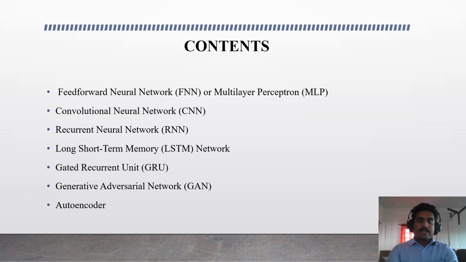The other one is the convolutional neural network, which is familiar for us. And RNN, recurrent neural networks, and long short-term memory network, LSTM, gated recurrent unit, GRU, and GAN, generative adversarial network. And the last one is the autoencoder. These are the major deep learning neural networks.